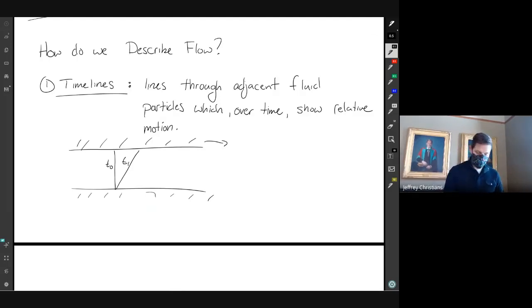We'd wait and take another picture a little bit later. It would look like that. It would look like that, and we could build up a snapshot version of a way to describe the flow. Okay, so this is probably the least common way that we'll use, although we will use it some.